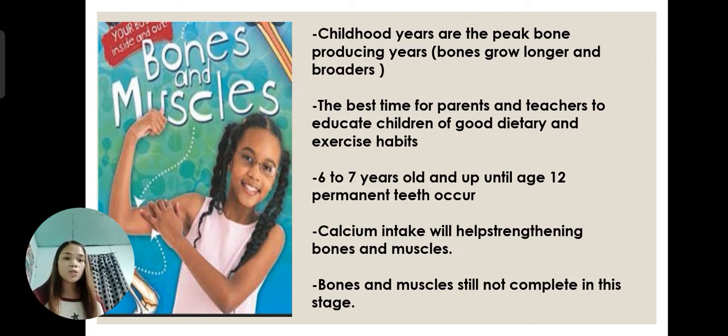So, from 6 to 7 years old and up until age 12, permanent teeth occur. So their teeth are involved too: at 6 to 7 years old up to 12, their permanent teeth grow in, replacing the baby teeth that fall out. That is their permanent teeth, in their childhood heading toward adulthood. And calcium intake will help strengthen bones and muscles.